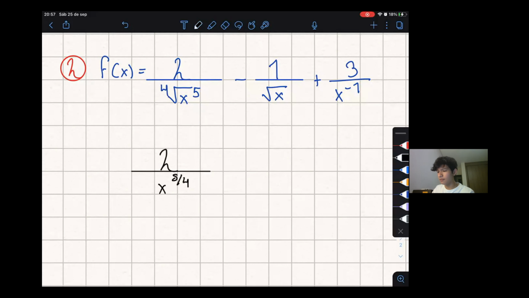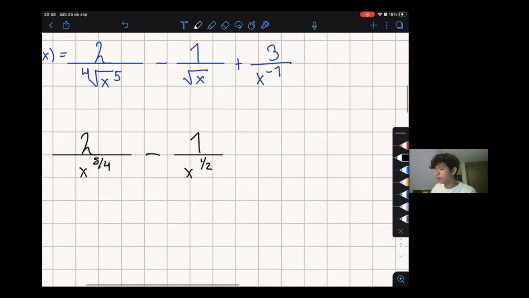We continue with the same, with the 1 over x raised to the 1 over 2, and the 3 over x raised to the minus 1.